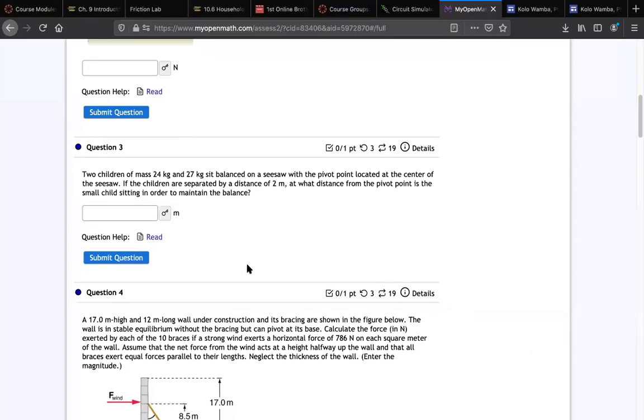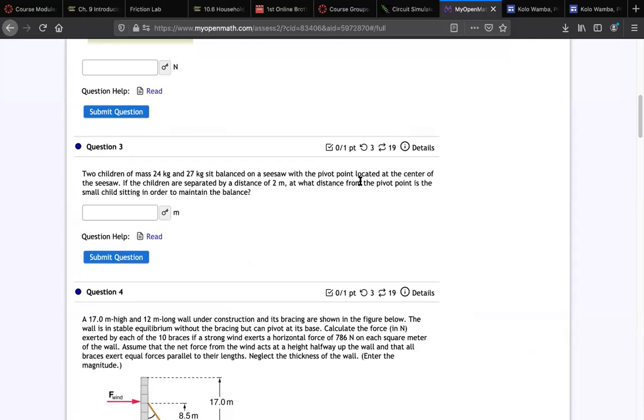Because this is an example. All right, so you see here we have the two children. The smaller kid is 24 kilograms, and the bigger one is 27 kilograms. And they sit balanced on the seesaw.